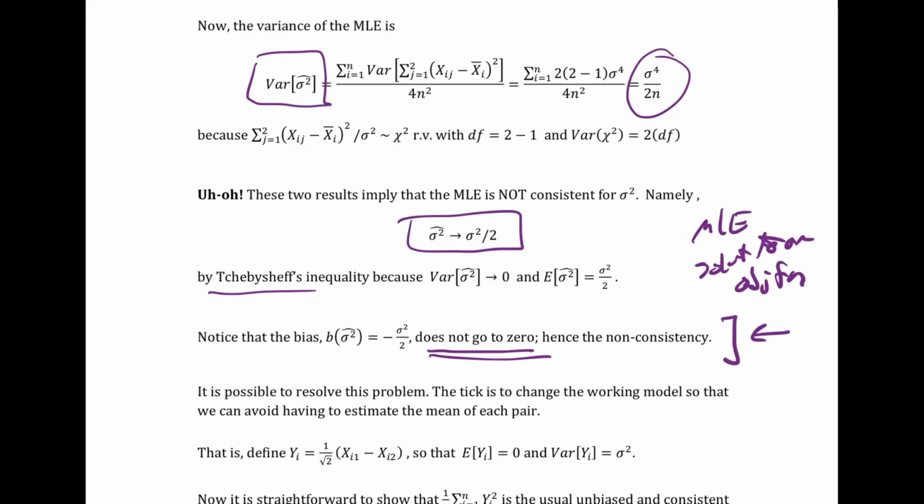So Neyman and Pearson noted, they said, hey, the trick is that you take each observation in the pair, take the first observation, and subtract the second. Now this has a normal distribution, mean 0 and variance sigma squared.